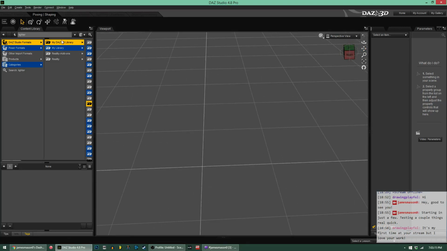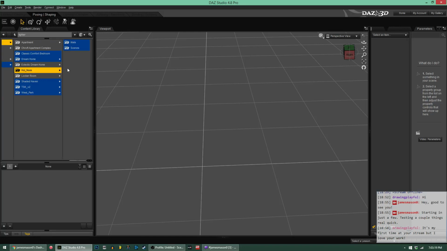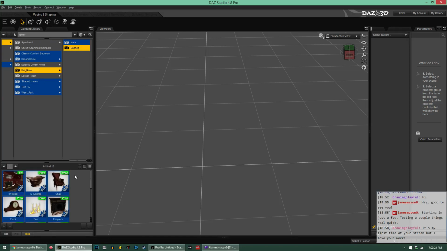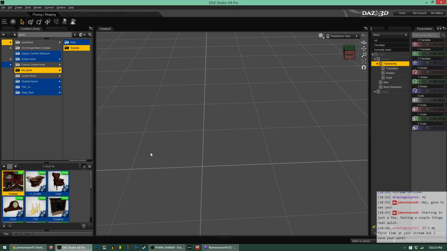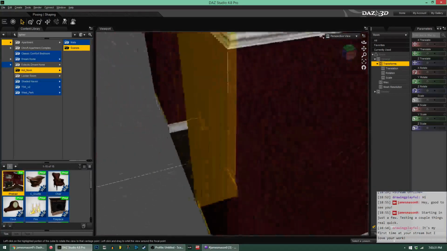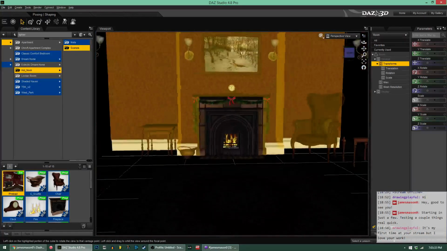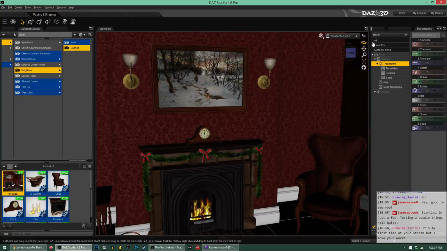So the first thing I want to do is something festive. So I have this holiday nook scene that I've not used before, but it looks appropriately seasonal.